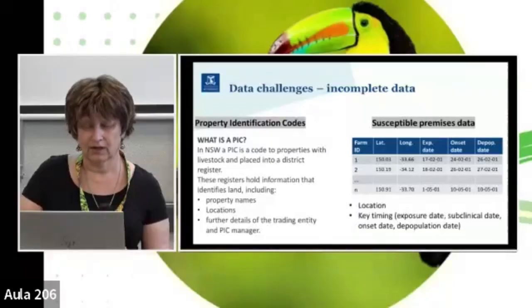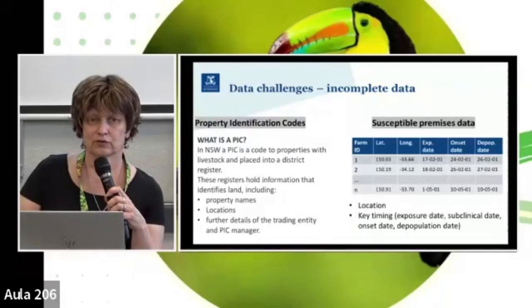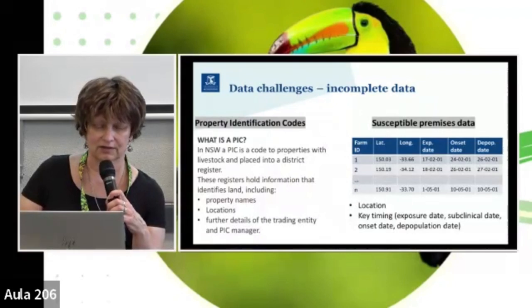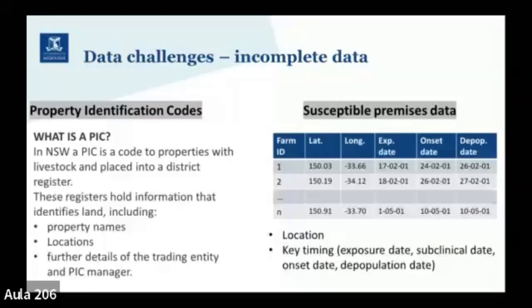Chris also provided me 2 slides, basically just to illustrate some of the data challenges they're facing. One is around property identification codes. In NSW, New South Wales, which is an Australian state, a property identification code is a code given to properties with livestock, and that's in a district register.